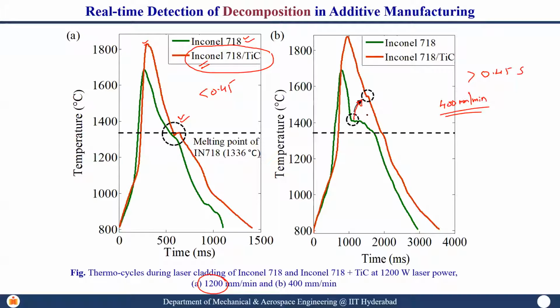If we remember the physical metallurgy, solidification self is dictated by the composition of the material. Any shift in solidification self location indicates that there is a compositional change, which essentially means your titanium carbide is getting dissociated.